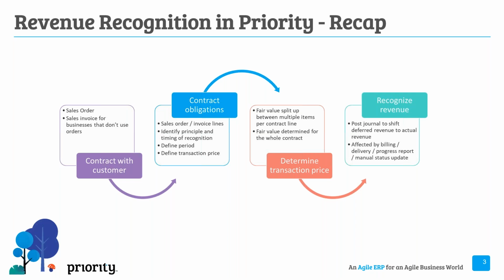The line items are the contract obligations themselves, and against each of them, we need to identify the principle and timing of the recognition, and we need to define the period and the price of the contract obligation. When we have all of them, we can allocate fair value to the contract obligation, and as a result, we can recognize revenue. I will show you all this process during the demo.